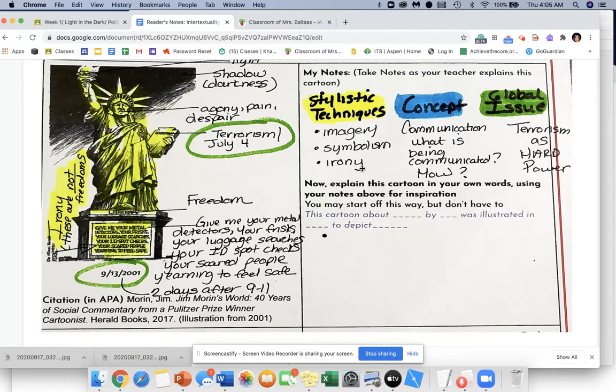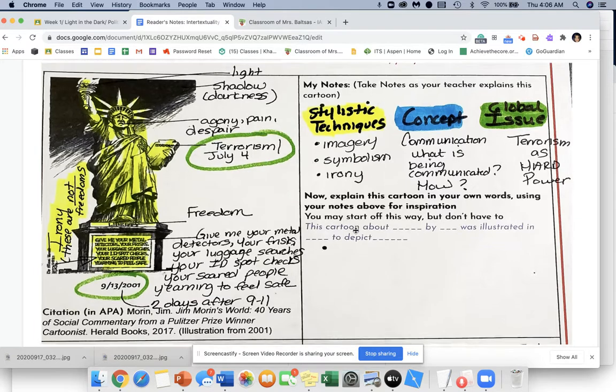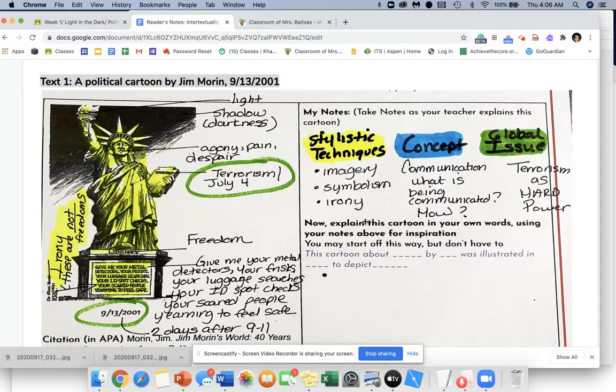And then your stylistics, again, in your notes: identify the imagery, identify the symbolism, and also indicate what is ironic here. This is really important, especially because artists use style and techniques to communicate their message. Okay, so enough with that.